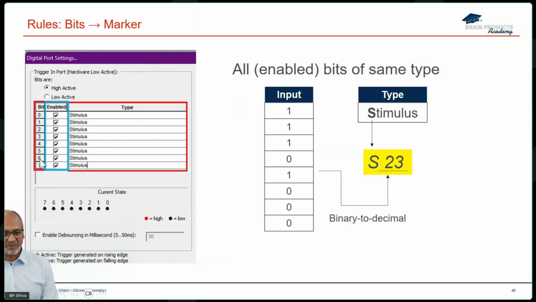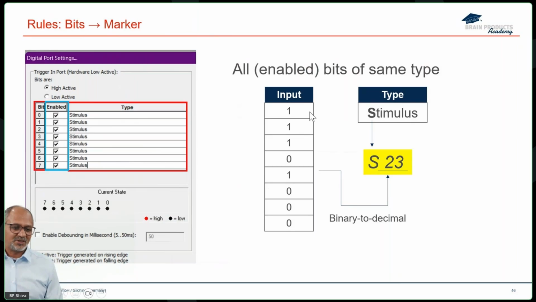This specifies the bit positions, just like we were talking about grapes. There's a standard positional notation here, and there is an additional feature here called the type, which we'll get to later. And the basic idea is that all bits of the same type simply go through a binary to decimal conversion, and then the first letter of the type is attached.